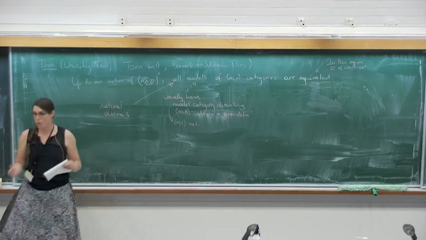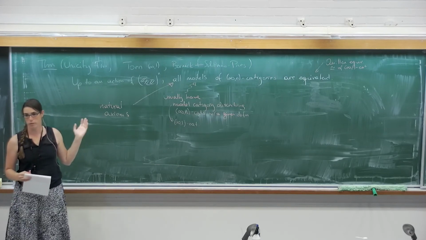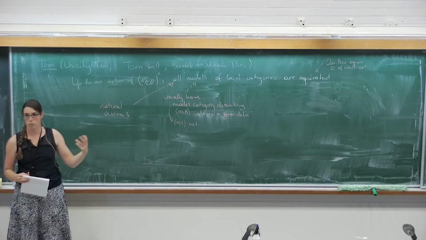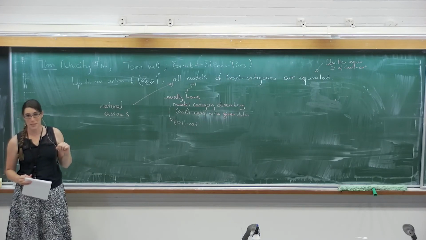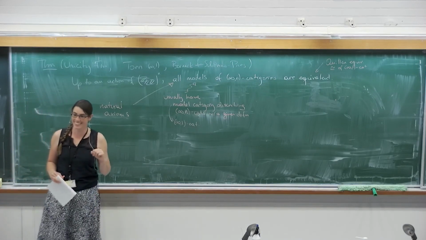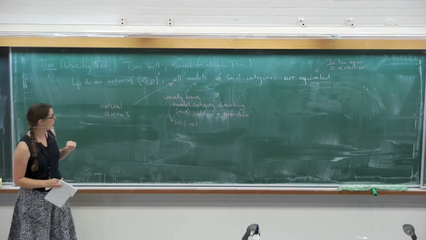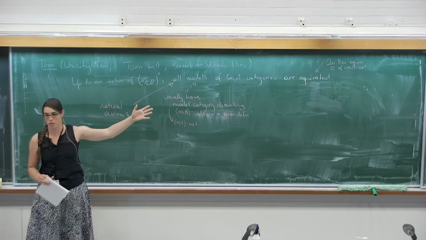All models which satisfy this not too long list of natural axioms will all be equivalent. Proving that a particular model satisfies these axioms is actually not that easy. And if you want not to use the axioms but to show direct equivalences, it's also very hard.